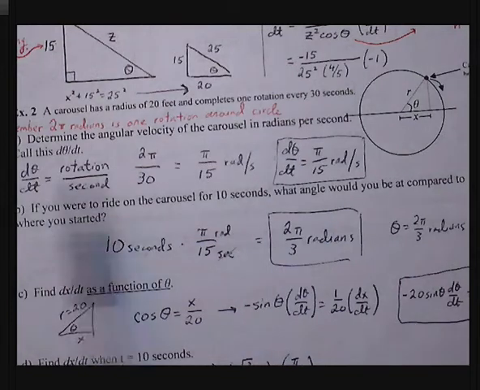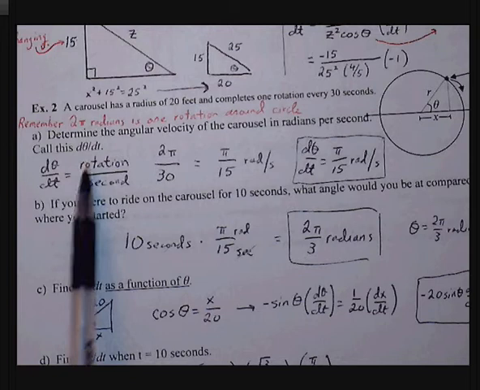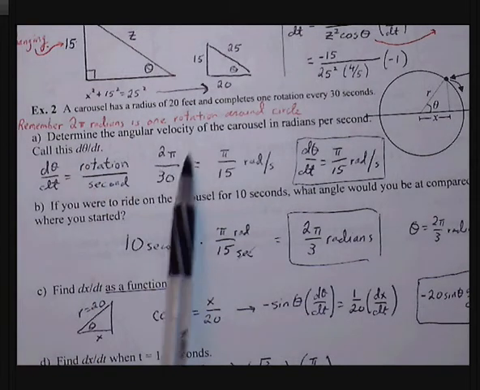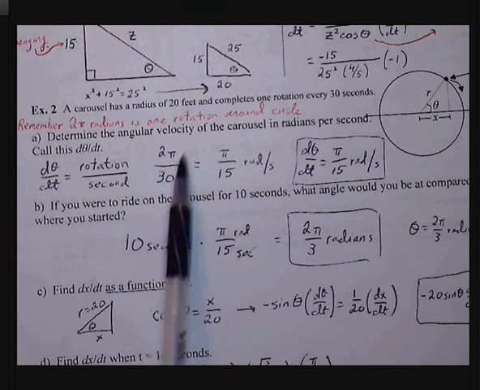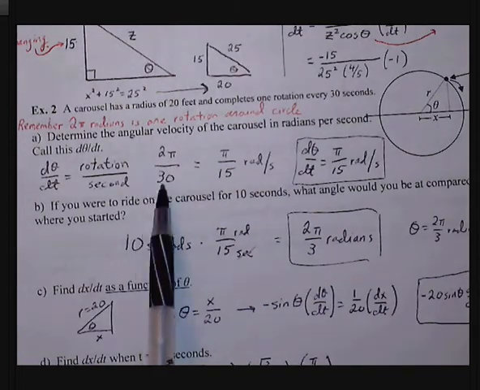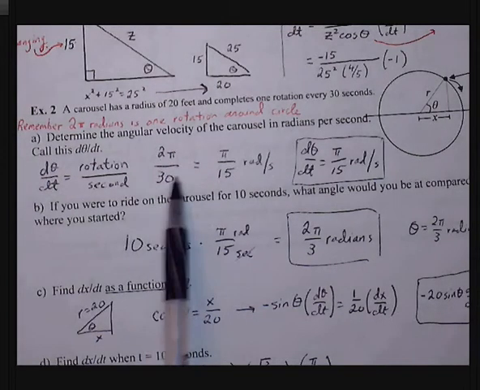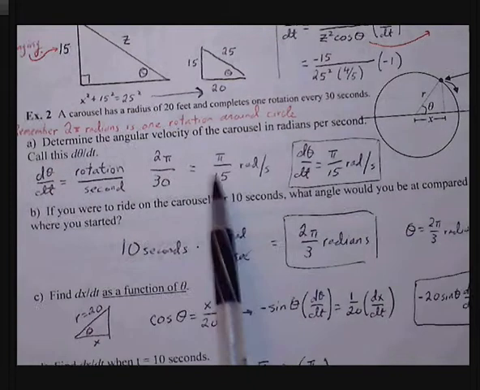So we know that it will take 2 pi for one rotation, and it's going to complete one rotation every 30 seconds. So we know that if we simplify this, d theta dt will be pi over 15 radians per second, okay, which we're going to use later.